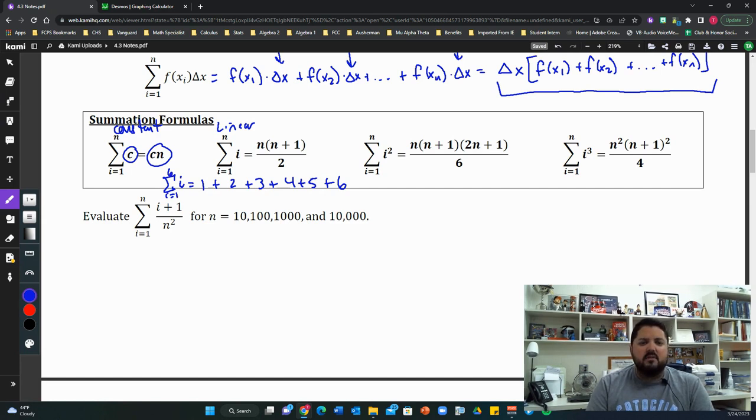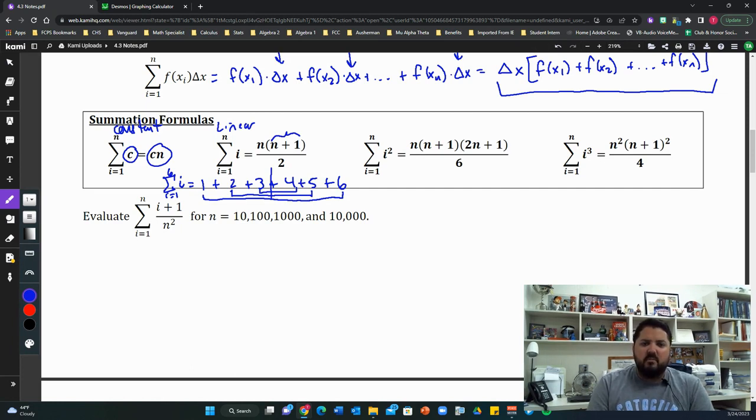Now when I fold that series on top of itself, what I mean by that is I'm taking the first and the last and pairing them, the second and second to last, third and third to last. All of those pairs end up equaling the exact same total, or n plus 1. 6 plus 1 is 7, and that's exactly what each of those pairs adds up to. Now the rest of that formula, n over 2: 6 divided by 2 is equal to 3.